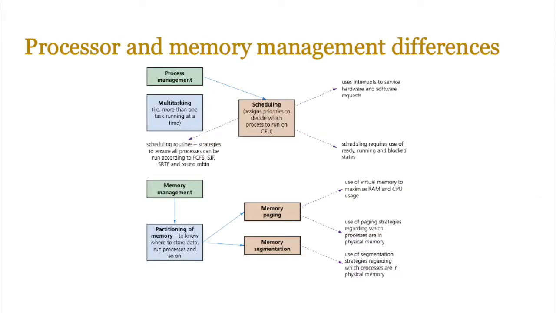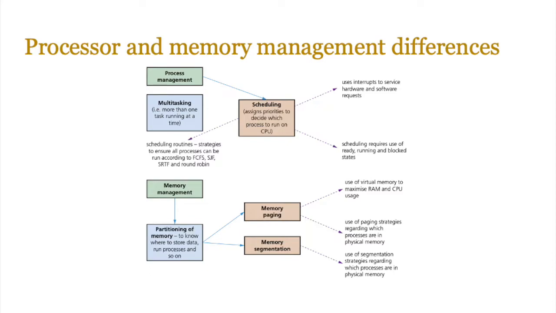Now to summarize the basic differences between processor management and memory management, on screen you see a nice diagram. Process management allows you to do multitasking, and we manage processes using scheduling. Memory management allows us to partition memory so we can ensure that the right data and instructions are always available to the processes.